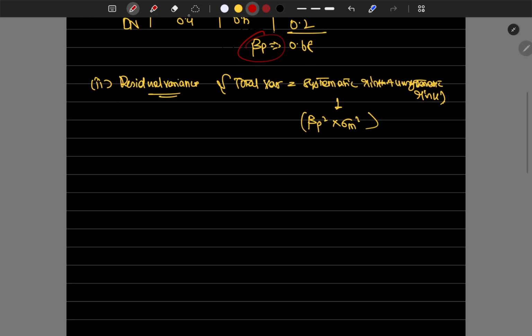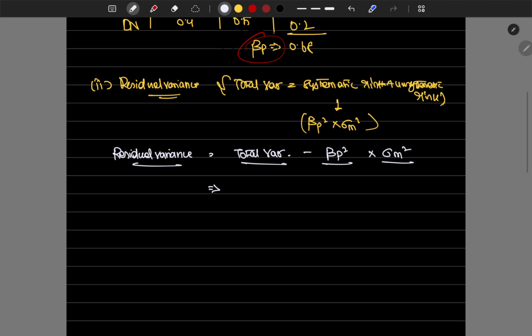So now residual variance is equal to total variance minus portfolio beta square into sigma market square.